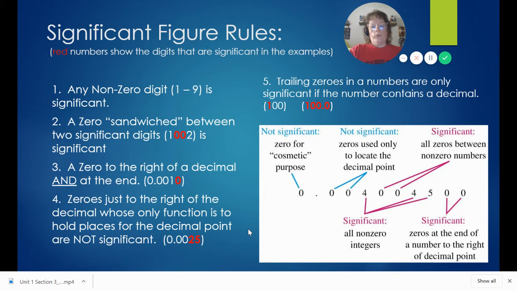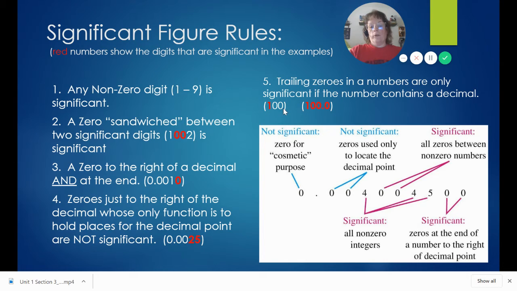All right, and the 5th rule, trailing zeros in numbers are only significant if the number contains a decimal. So we have 100 there, and then we also have 100 again, but the second one has 100.0. All right, we wouldn't be writing this 0.0 unless it was significant. If there was no other significant figures like a 1 through a 9 over here somewhere, there would be no point in writing that unless it was a significant one.